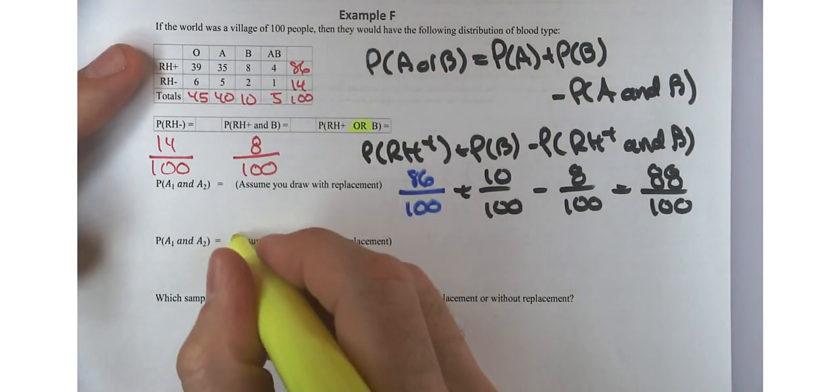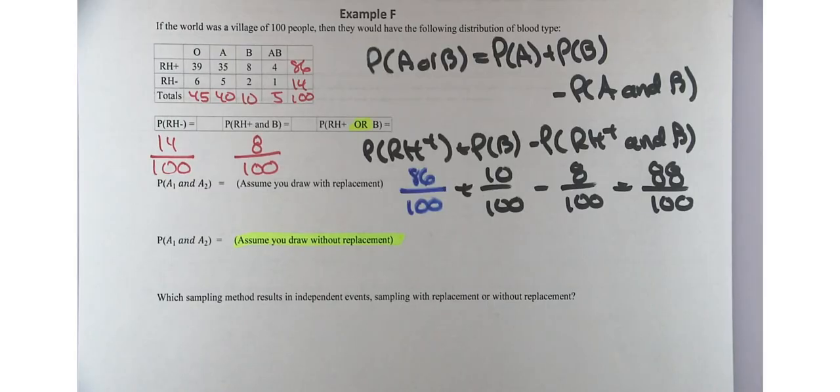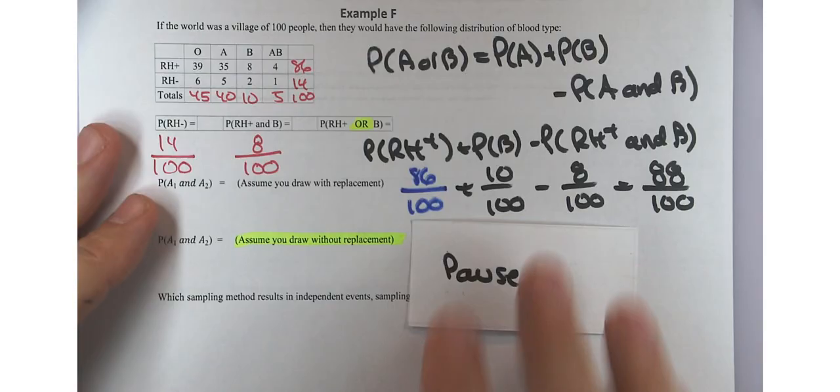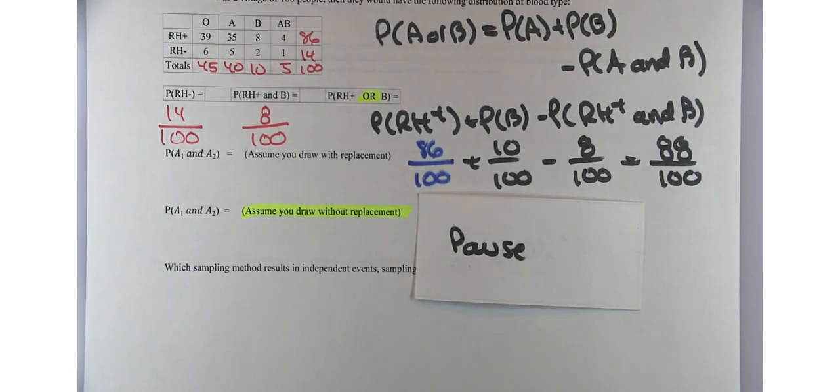So give yourself a shot at that. Just type A blood. That's all we're worried about. The first person and then the second person have type A blood. And then there's a question below it that you can answer about which sampling method leads to independent events.